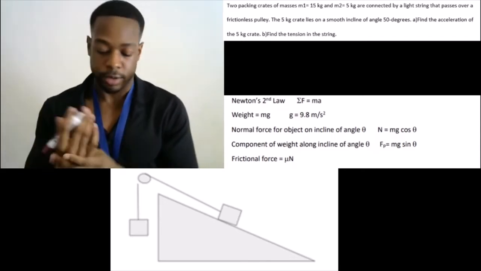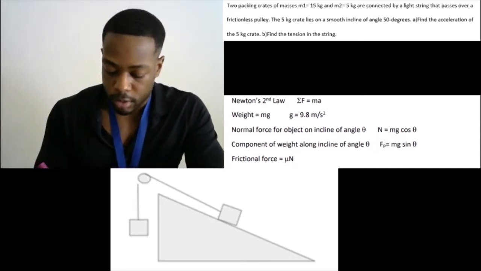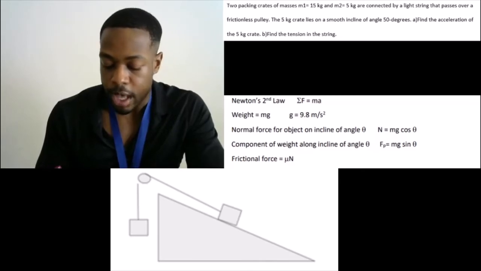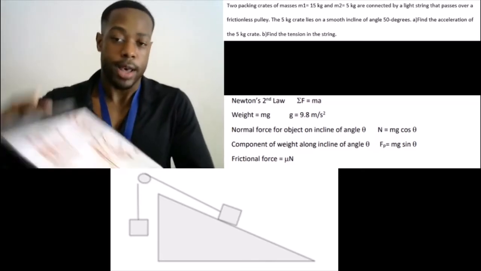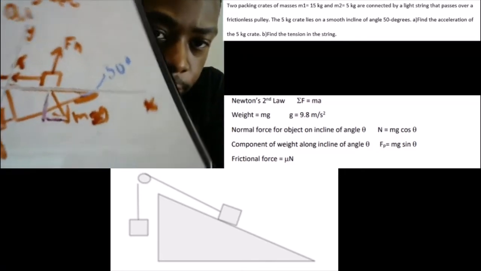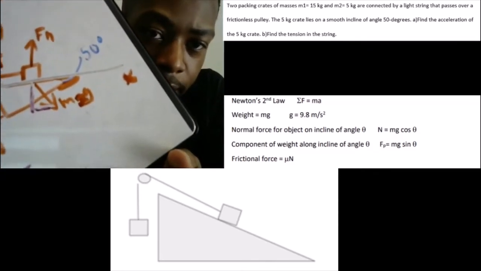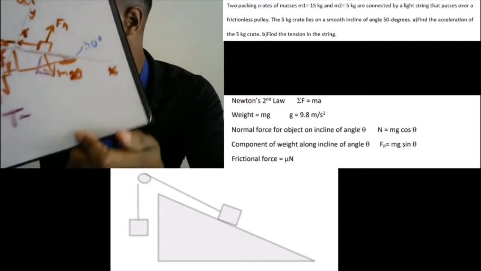We want only the x component, right? So let's actually clear this up. Y would be parallel, and x would be perpendicular. Just look at that. I drew a little triangle there. And you'll see that weight is your hypotenuse, right?